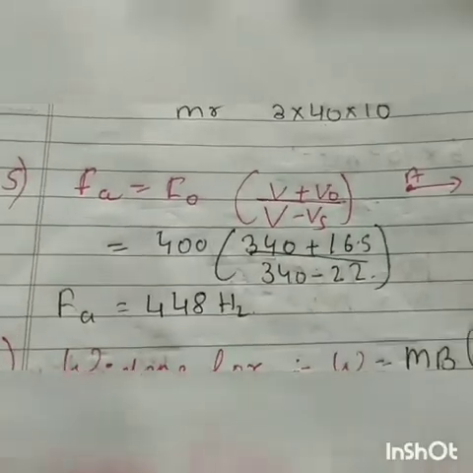Now question number 15. Two cars moving in opposite directions approach each other with speeds of 22 meter per second and 16.5 meter per second respectively. The driver of the first car blows a horn having a frequency of 400 Hz. The frequency heard by the driver of the second car is, velocity of sound here is 340 meter per second. So this is a question of relative velocity.